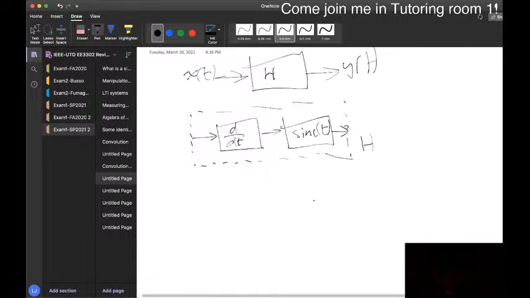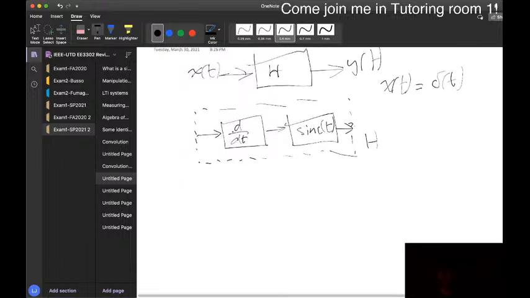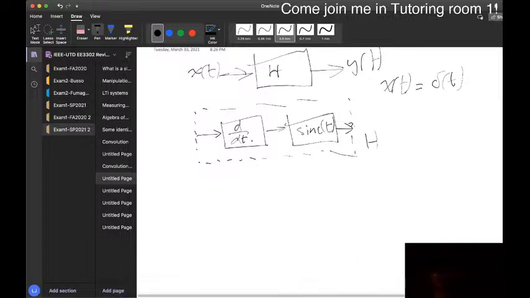So how would we do this problem? Let's say we're given x of t is equal to a delta. We're trying to get the impulse response. So what's the impulse response here? Remember that because of the convolution theorem, we can represent the same h in the frequency domain.